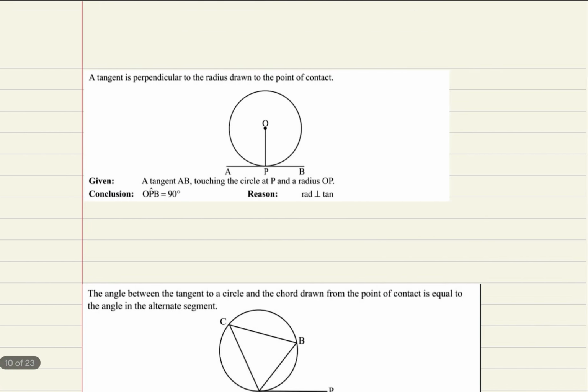Now, let's go to the last group. The last group, it's now on the tangents. This is the first theorem. Theorem number 1 under tangent, which is initially theorem number 7.